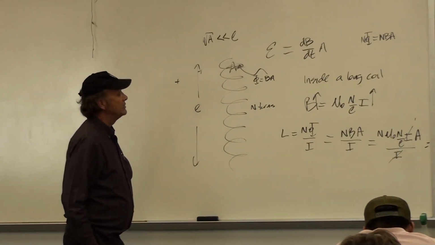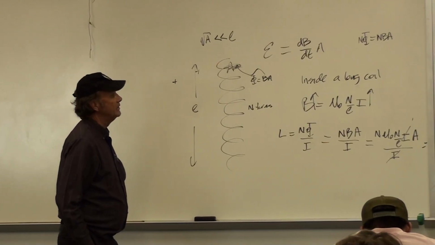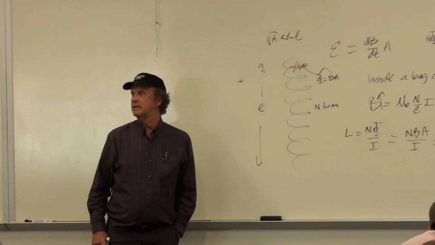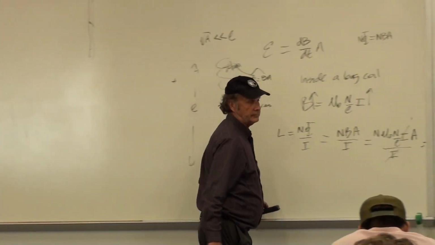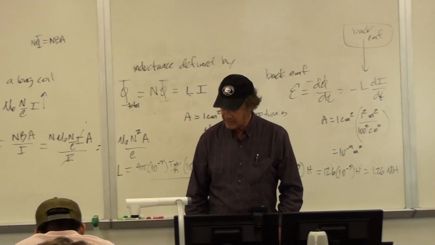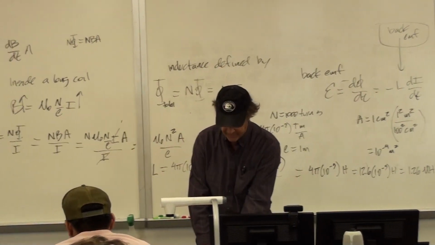And so that's how we actually get a number out of it, and those are the units. Are there any questions about that? Okay, now we could have, and I gave you another example here in one of the handouts.